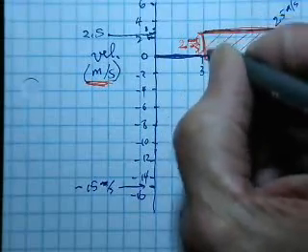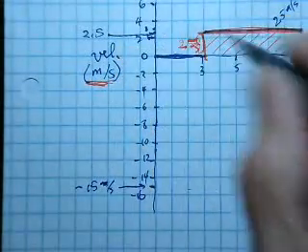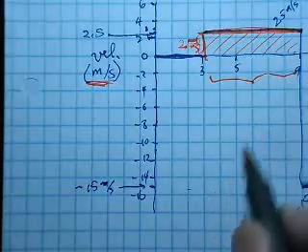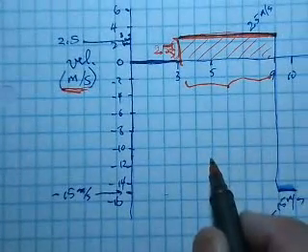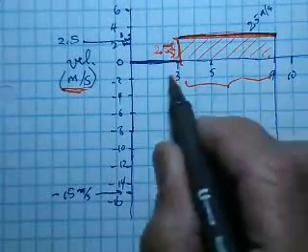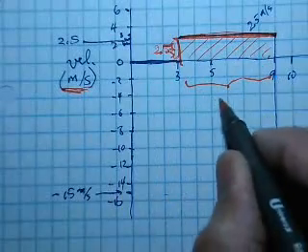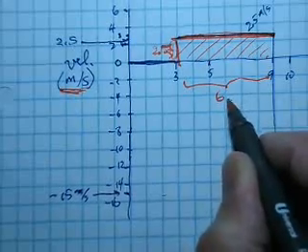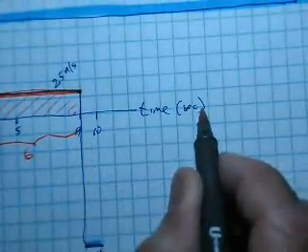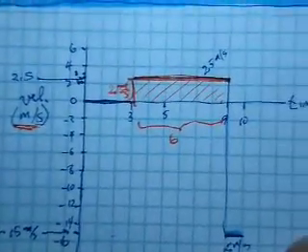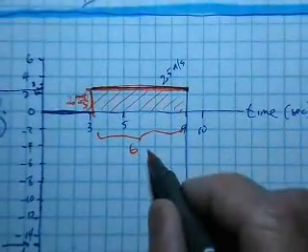A little rectangle that's 2.5 meters per second high. And how wide is the base of the rectangle? How wide is it? From 3 to 9. How far is that? 6 what? What are the units? Seconds is right. 6 seconds.